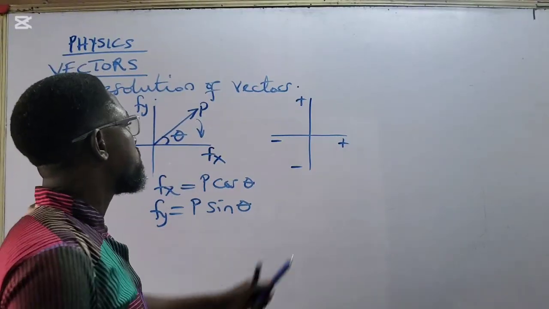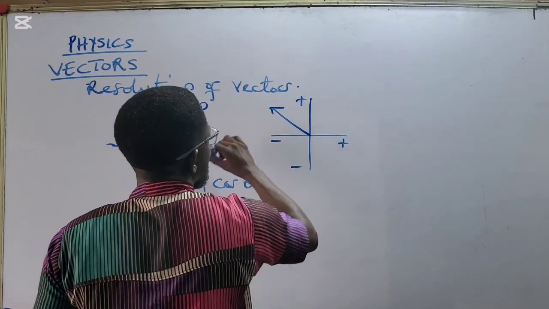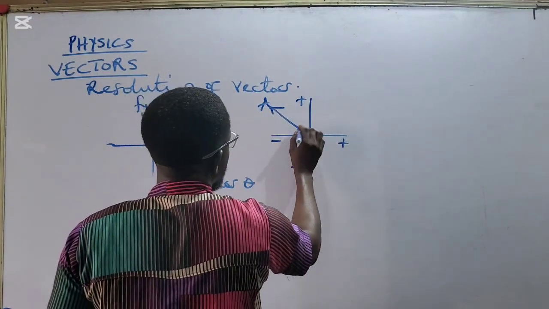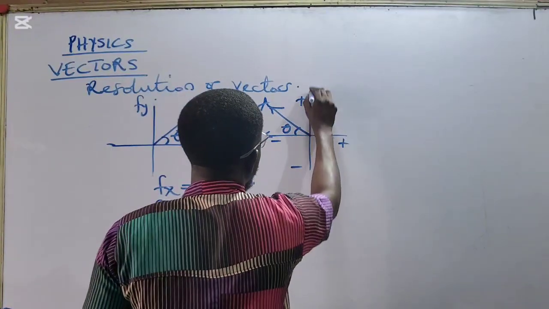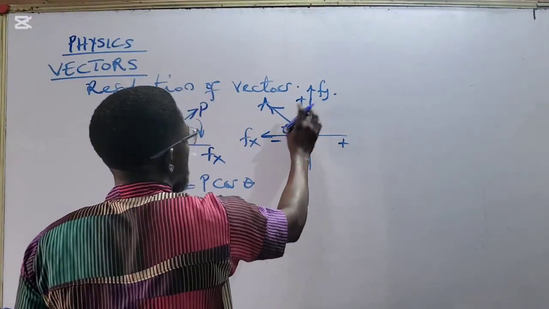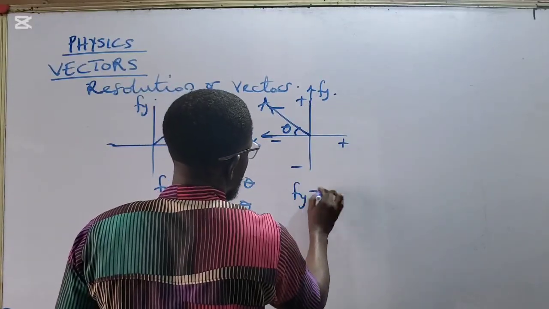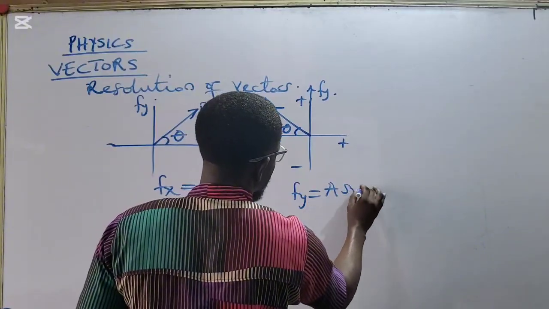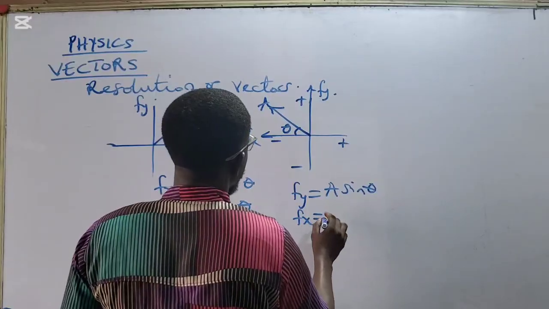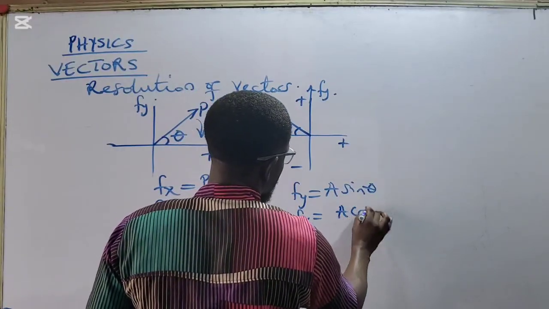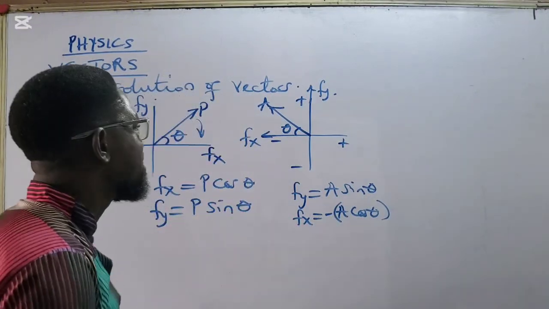So if I have a force, let's say A, with an angle theta at this point, and I want to resolve to the horizontal and the vertical direction, in the vertical direction I'm going to have A sin theta. In the horizontal direction Fx, I'll get A cos theta, and this one is going to be minus, and we have the negative sign.